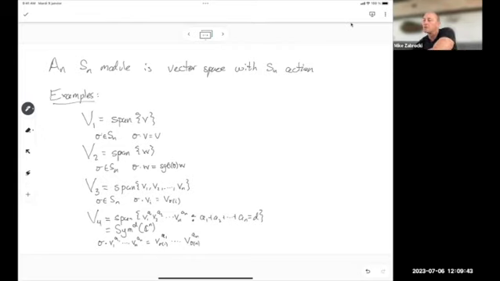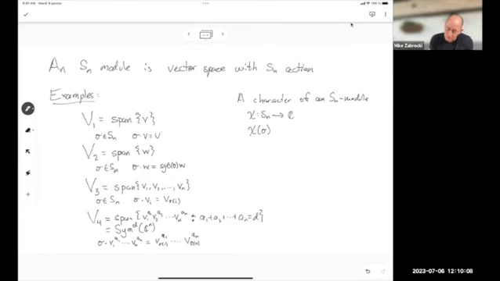Now a character of an Sn module is a map from the symmetric group to the complex numbers. Chi of sigma, for sigma in Sn, is equal to the sum where you run over some basis of the module.